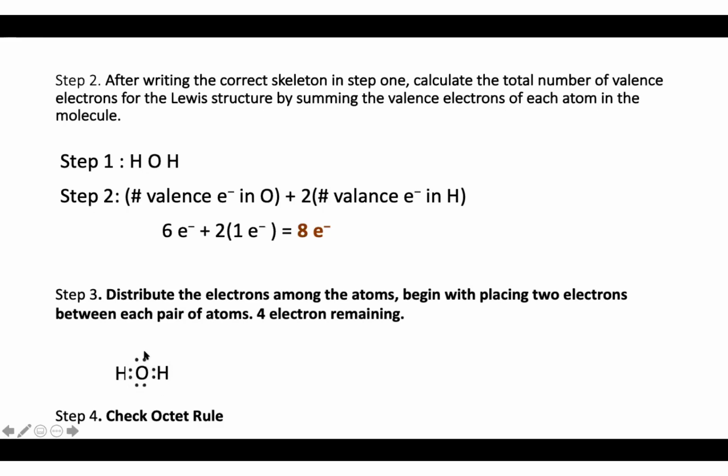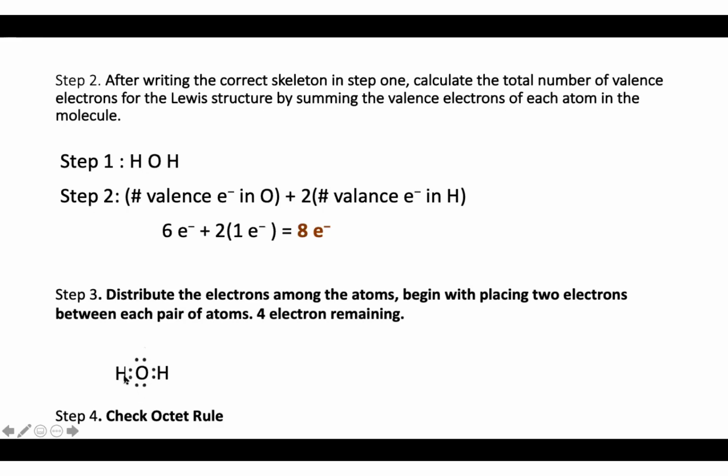When you count the electrons for each element, this pair can be counted with hydrogen, and these 2 and these 2 can be counted for oxygen, and these 2 can be counted for the other hydrogen. So pay attention to this too. Let's count the number of electrons for each. Hydrogen has 2 valence electrons.